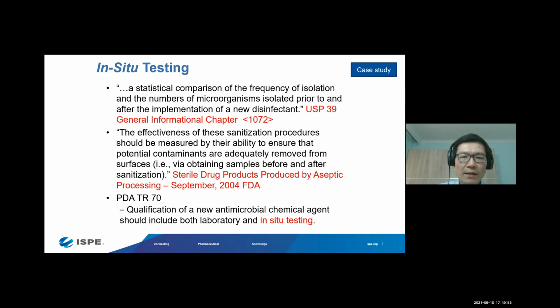The FDA guidance document on aseptic processing also mentions the effectiveness of sanitizing, obtaining samples before and after sanitization. And PDA Technical Report 70 mentions that qualification of a new antimicrobial chemical agent should include both the lab test, which is the in vitro test, and also the in-situ testing. Next.